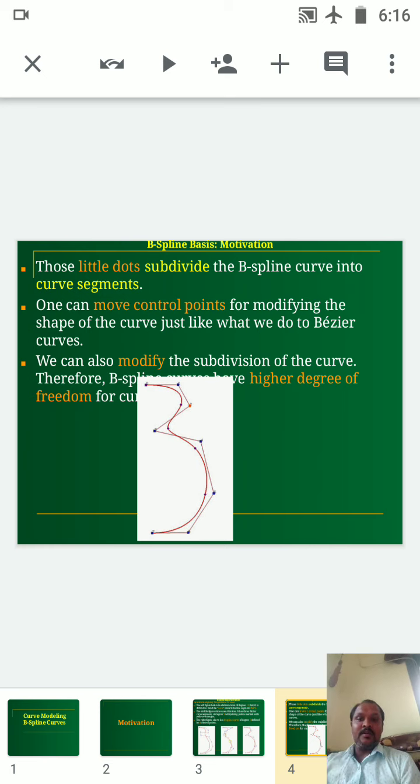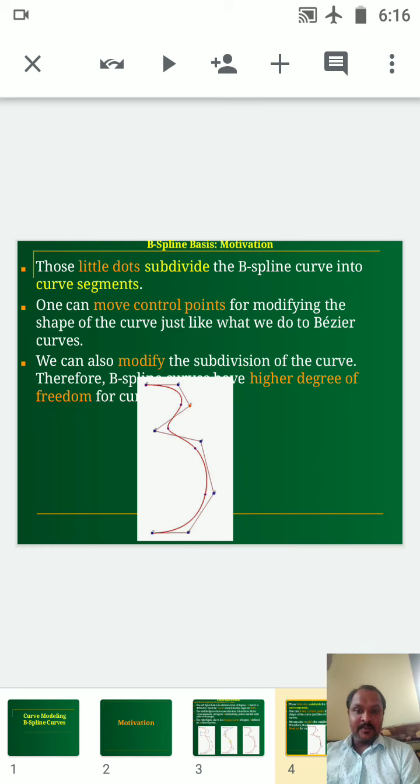Here we can also modify the subdivision, that is very important. Subdivision means a part of the main domain, and that is also we are going to divide. That is also a very important part in the B-spline curves.